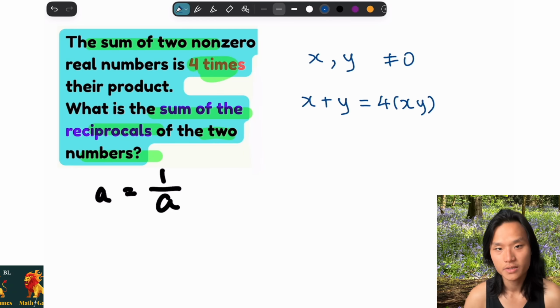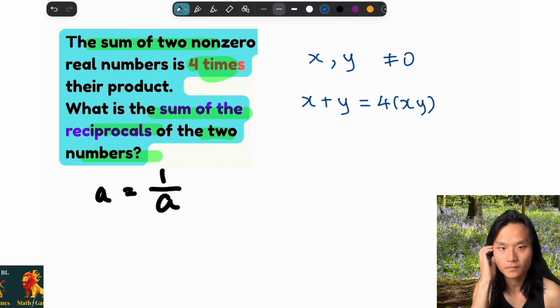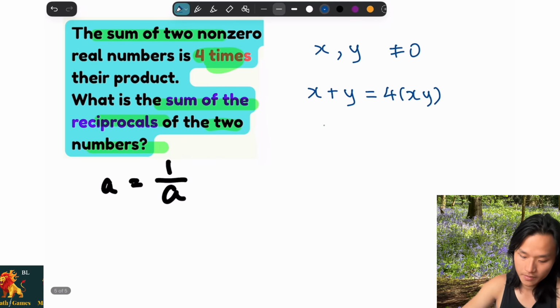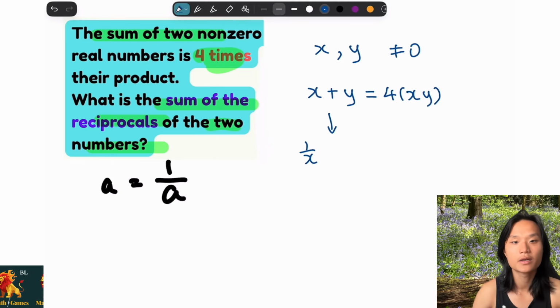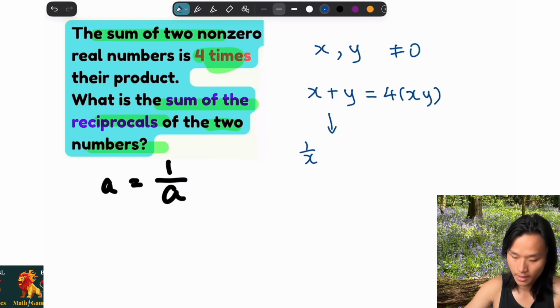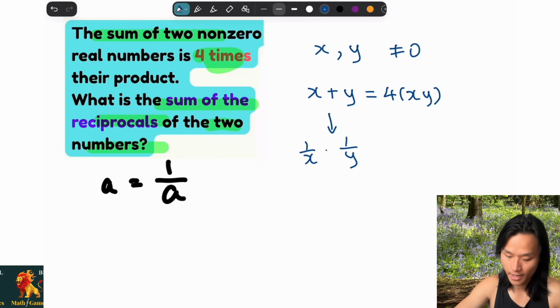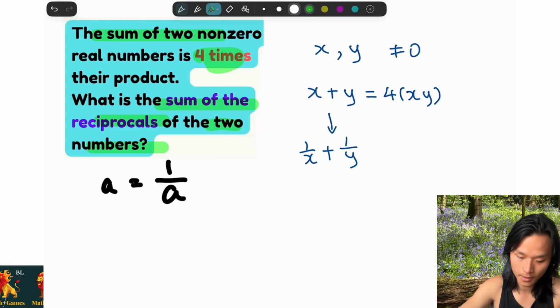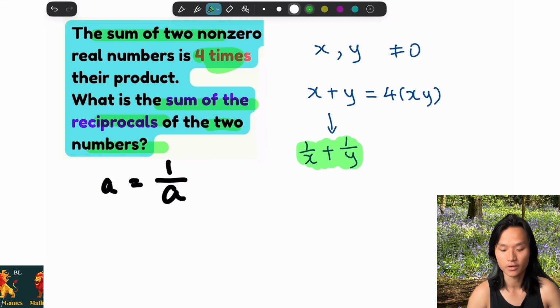So what is the sum of the reciprocals of the two numbers? The reciprocal of x is 1 over x, and the reciprocal of y is 1 over y, and we want to find the sum. We want to find the value of this expression.